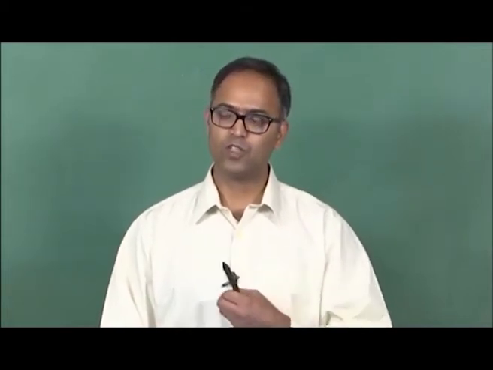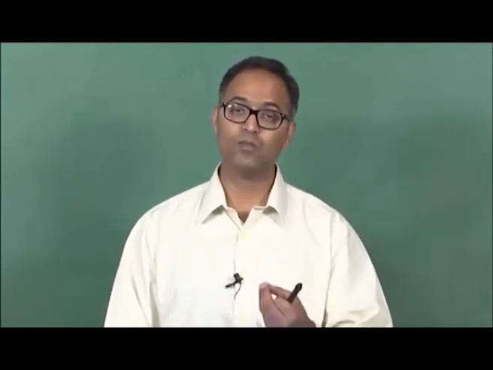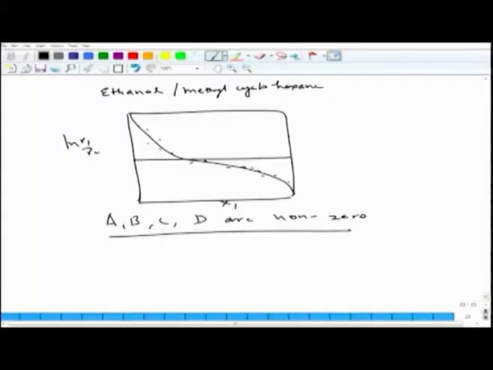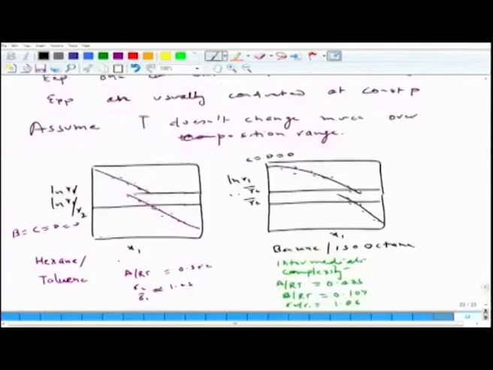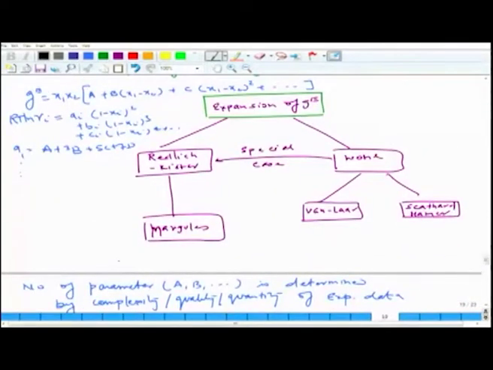So you cannot randomly just choose anything. You have to understand the nature also in order to come up with the right kind of terms in the system. So now you can clearly see right here that this kind of expression, Redlich-Kister, is coming directly from here, and from here you can get a Margules kind of equation also.